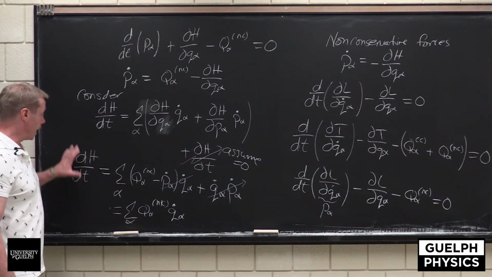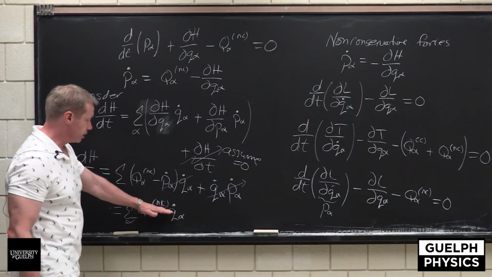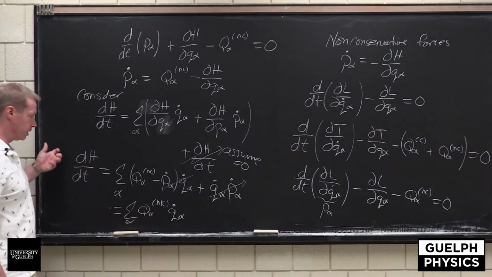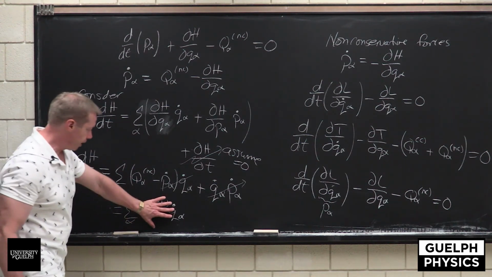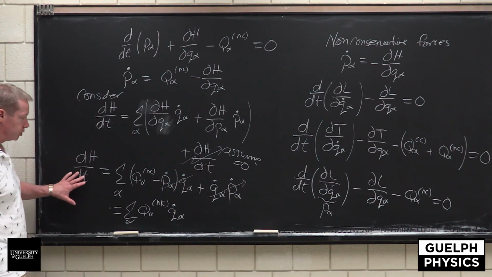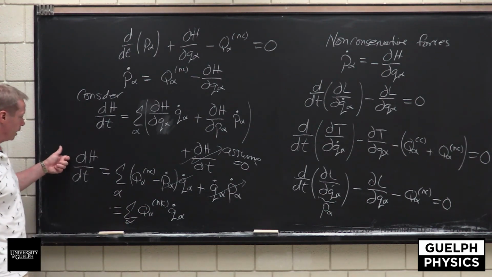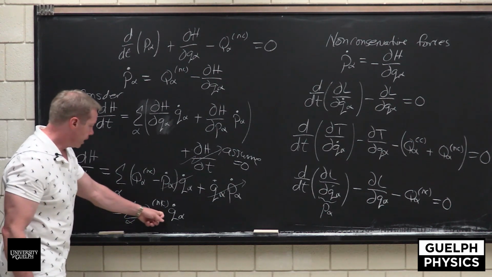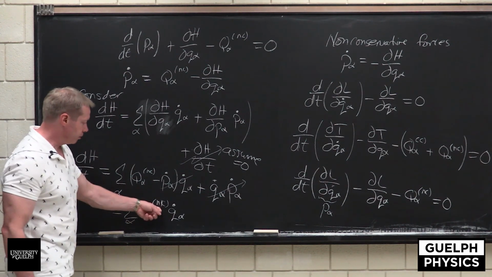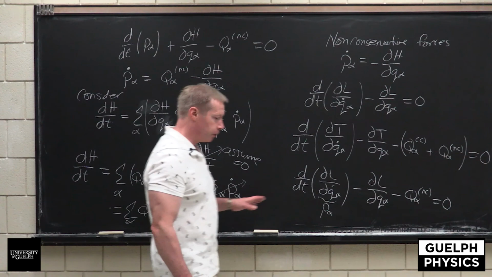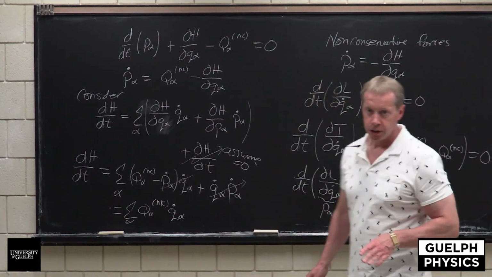But since we know that the Hamiltonian, in the absence of non-conservative forces, is just the total energy, which must be conserved, that makes sense. If this vanishes, then the time derivative vanishes. Otherwise, the rate of change of the energy in the system is given by our non-conservative forces times the generalized velocity, which is exactly what we would have derived by considering the work in the system.